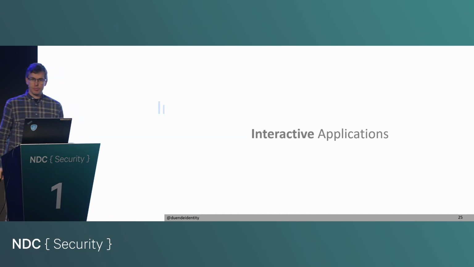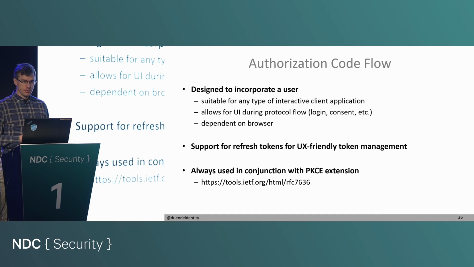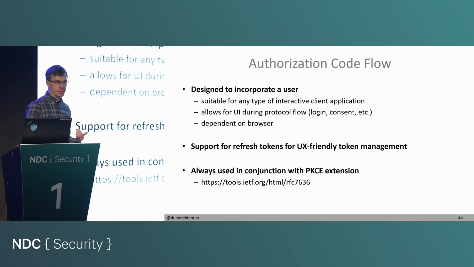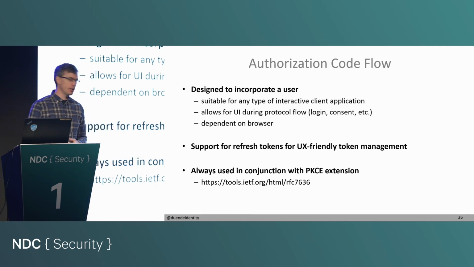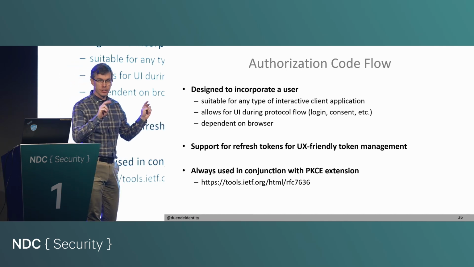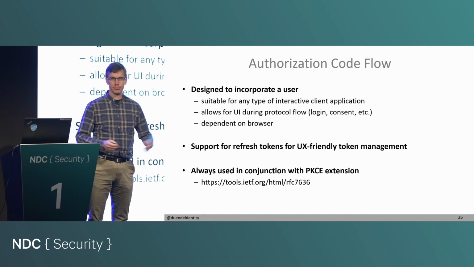So an interactive application is designed to incorporate a user, and we need a way to get new tokens. So while with the client credential application, we could just tell it that, okay, after an hour, go essentially log in again, because it's a machine, we can tell it to do that.